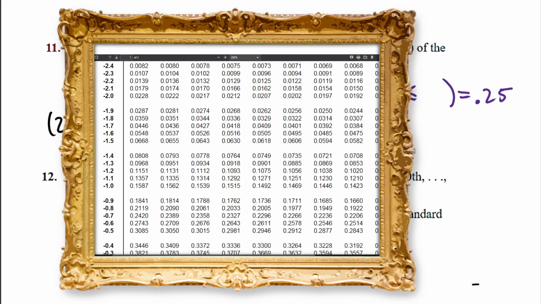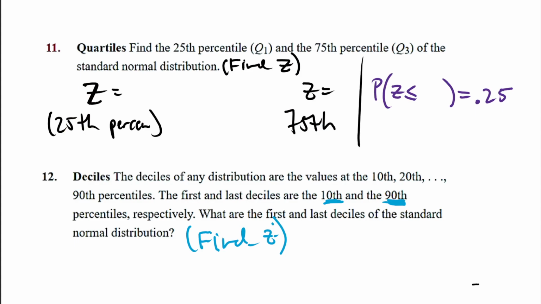So this value here would be negative 0.64, and so z equals negative 0.64 for the 25th percentile. For the 75th percentile, you would do it exactly the same way. Oh, glad I caught this. That should be a negative.